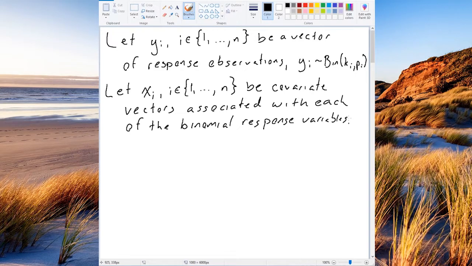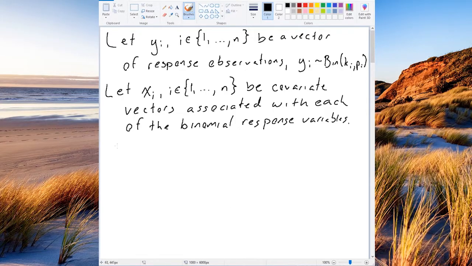So the way we usually handle this from a regression standpoint is we do something called a generalized linear model. A generalized linear model looks a lot like a regular linear model, but it has a bit of a different type of structure to it. So let's take a look at that structure real quick.